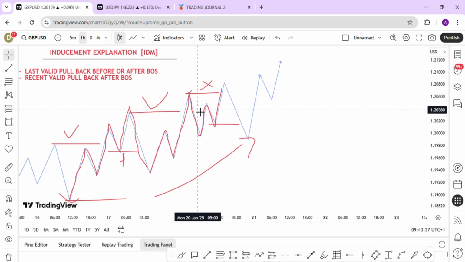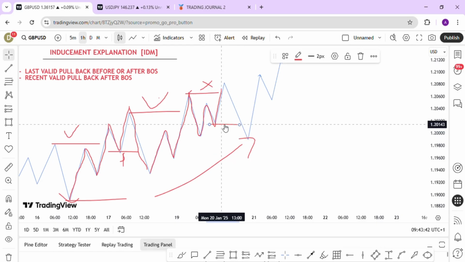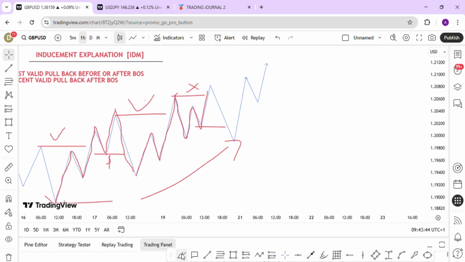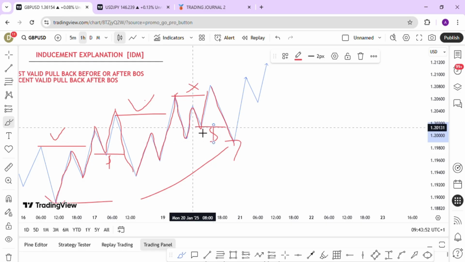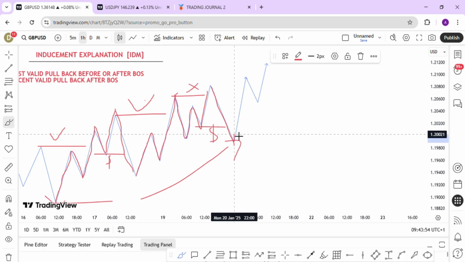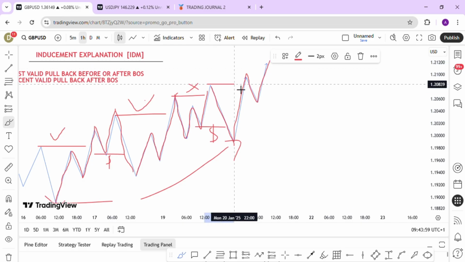This is the break of structure, and see the last pullback that the market did. So that's what enables us to have this. After the market did that, then it came back to take out this inducement. So this is where the liquidity rests, and the process continues. So this is where we now have our break of structure.